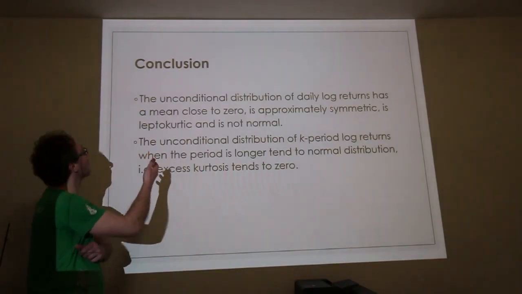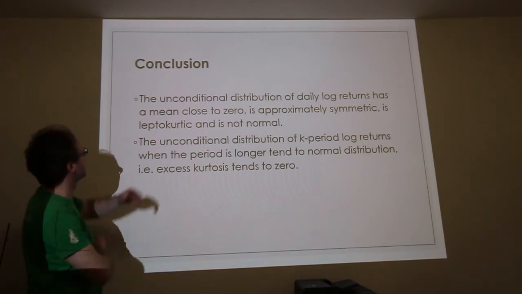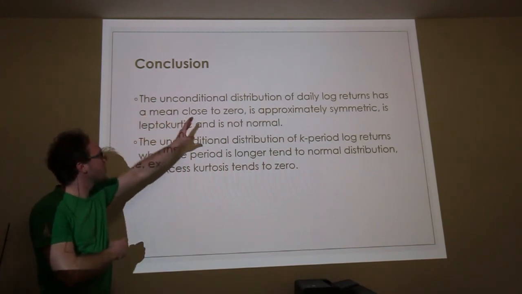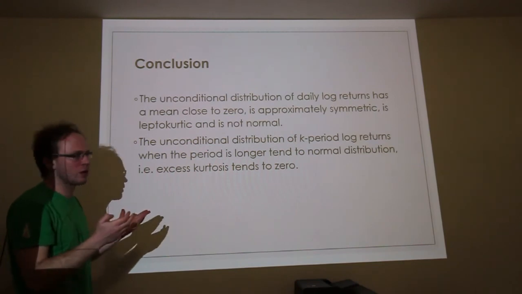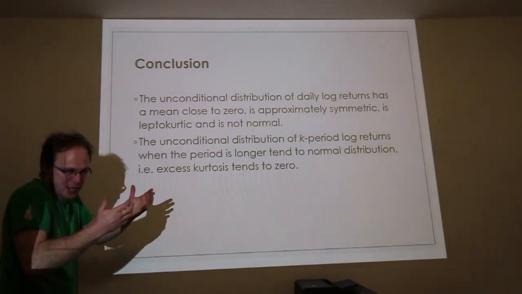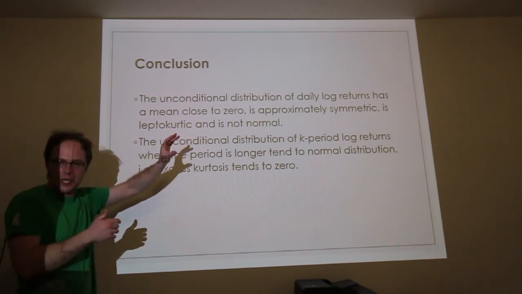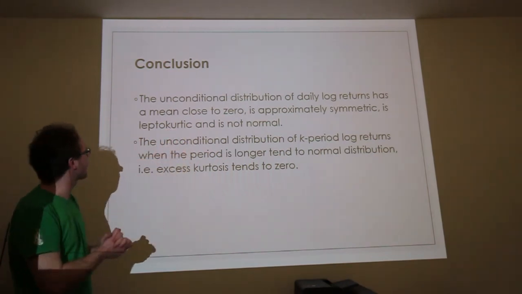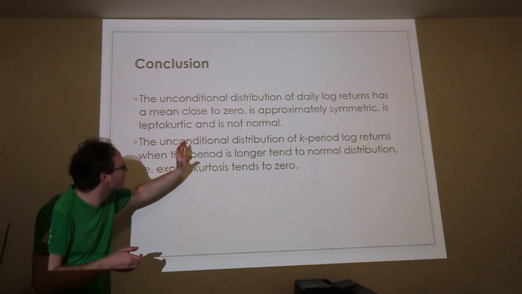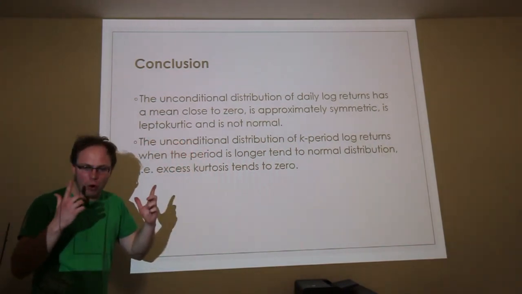We can conclude everything. The unconditional distribution of daily log returns has a mean close to 0, is approximately symmetric, is leptokurtic, and is not normal.